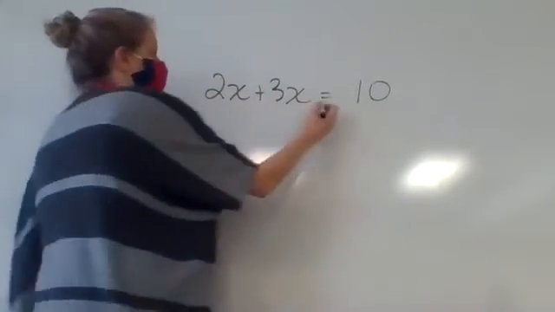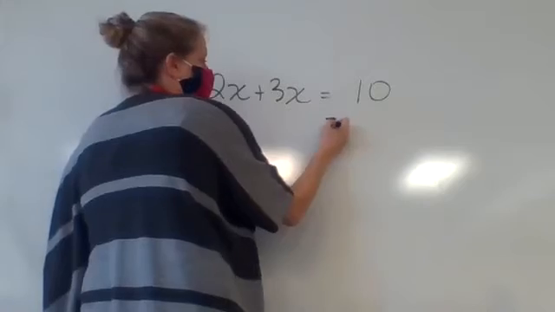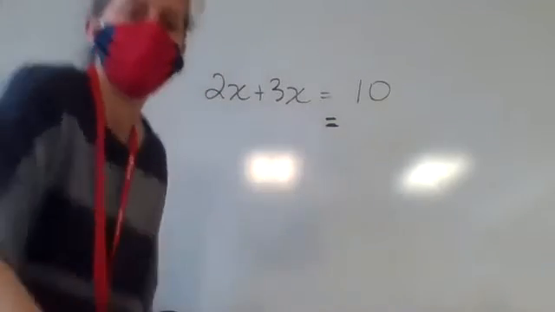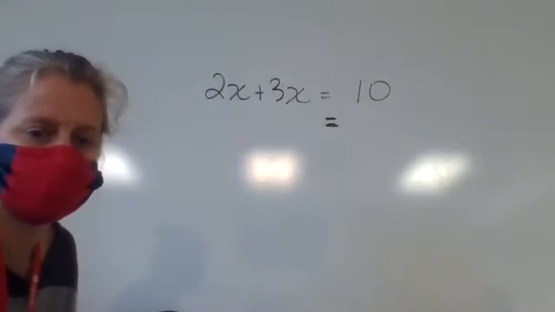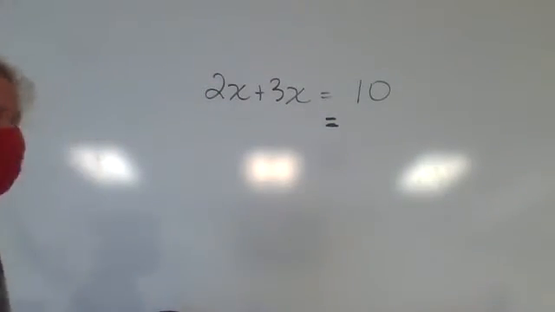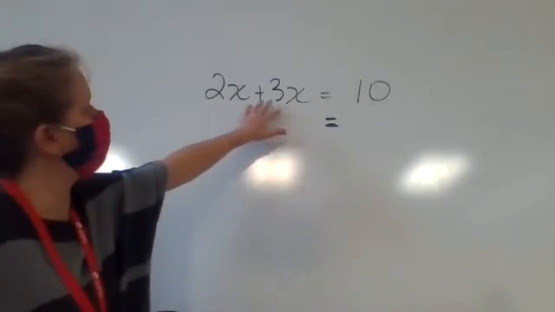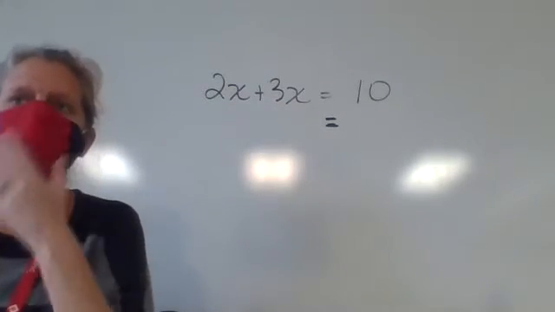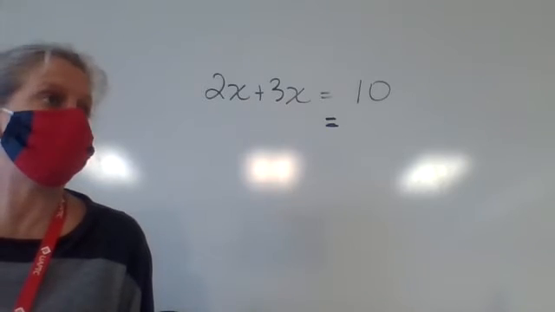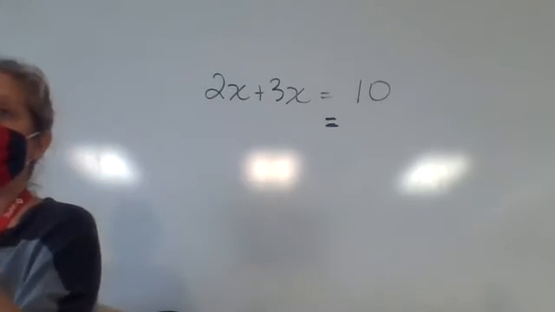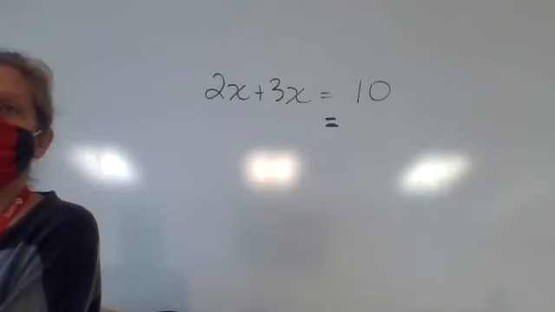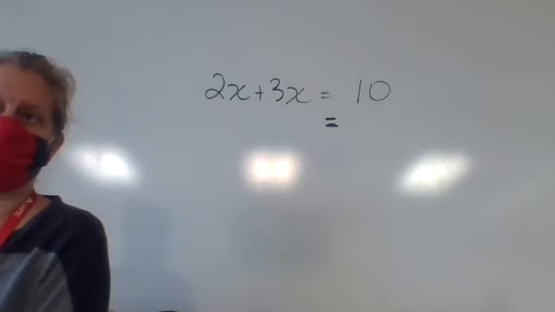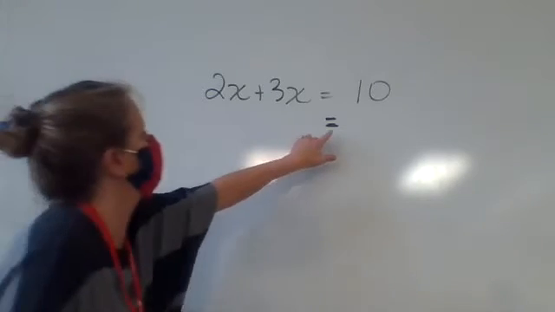Now, remember, keep your equal sign where it is. Looking at this side of my equal sign, remember X wants to be alone. What do you notice that we haven't seen before? I have multiple X's on the same side of the equal sign.